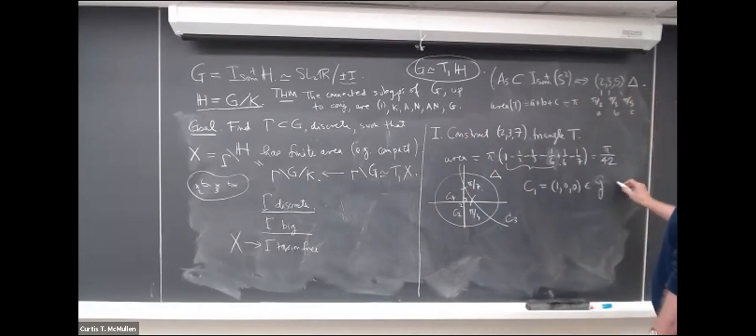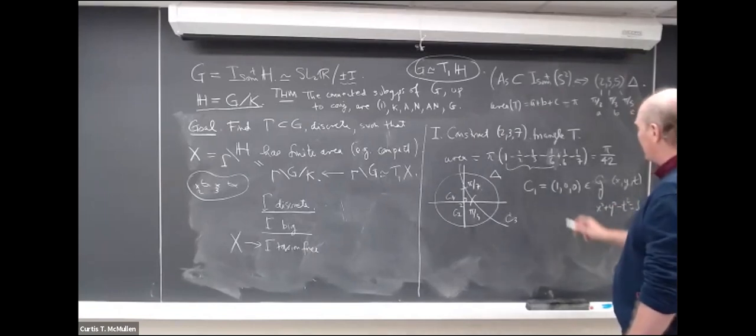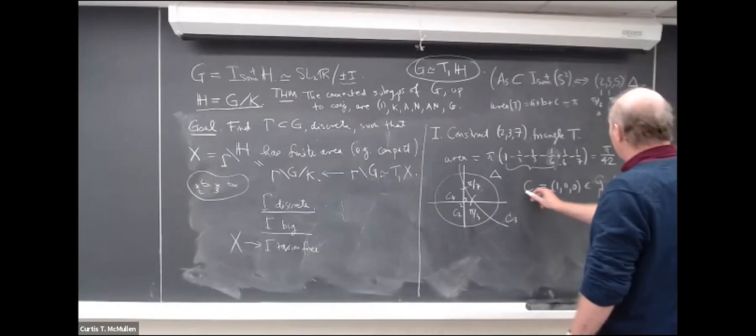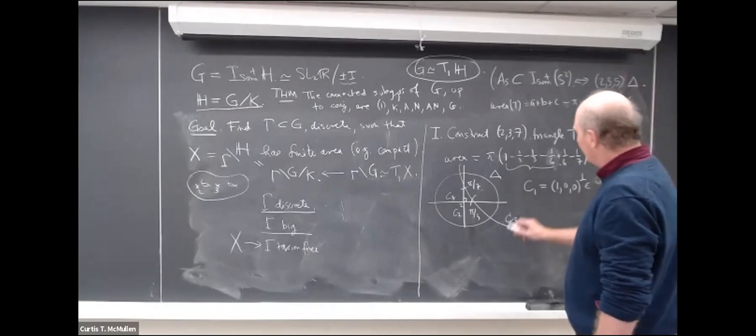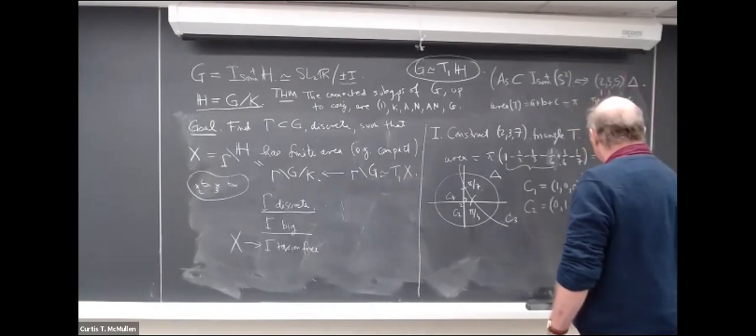Remember, the space of geodesics is x, y, and t, such that x squared plus y squared minus t squared equals 1. So this certainly qualifies. It's a special case where t is equal to 0, x and y should in total have modulus 1. And then C2, we can take to be the perp of this vector.